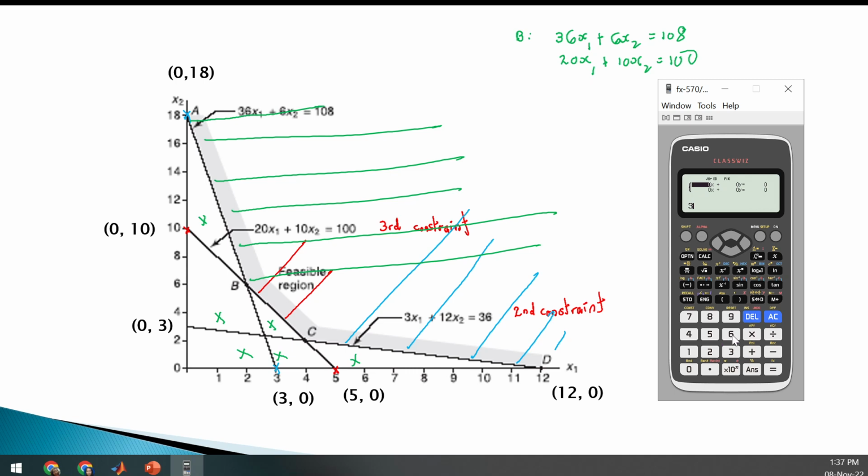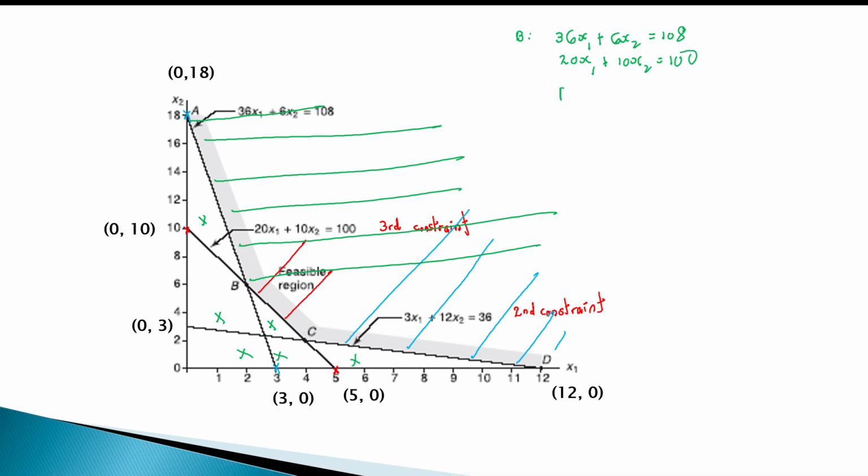Key in the coefficients: 36, 6, right hand side 108, and then 20, 10, the y is x2, and then 100. So we get x is 2, y is 6. So the point B is x1 is 2, x2 is 6.